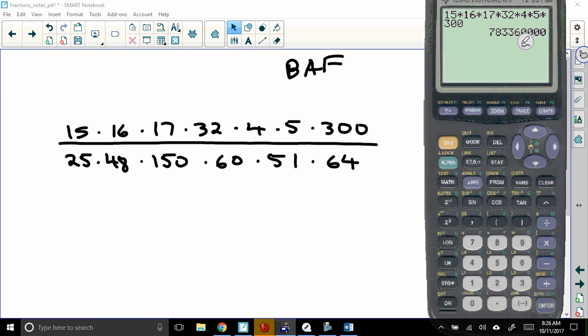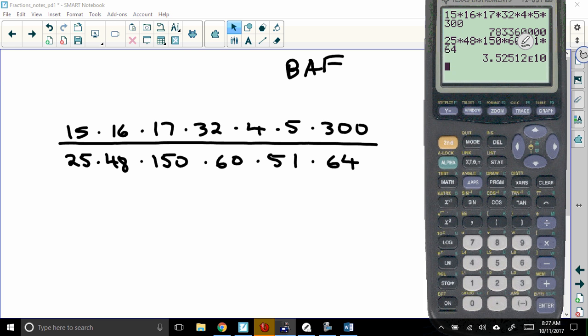It's 783 million. That's a big number. Anyway, the denominator would be 25 times 25 times 48 times 150 times 60 times 51 times 64. The denominator would be something in the tens of billions. So 783 million divided by 35 billion.